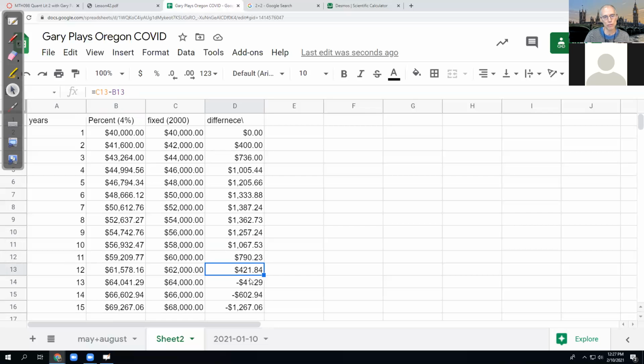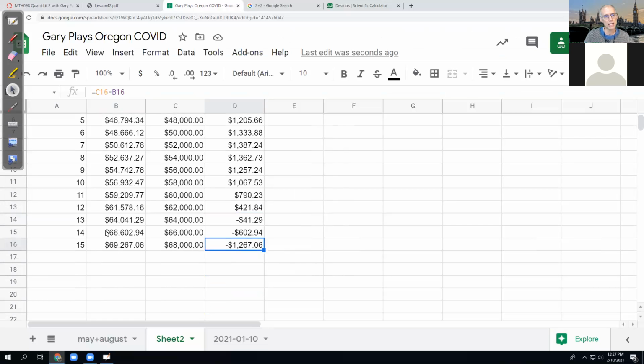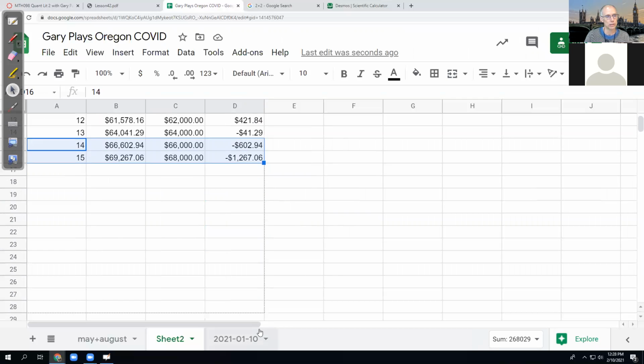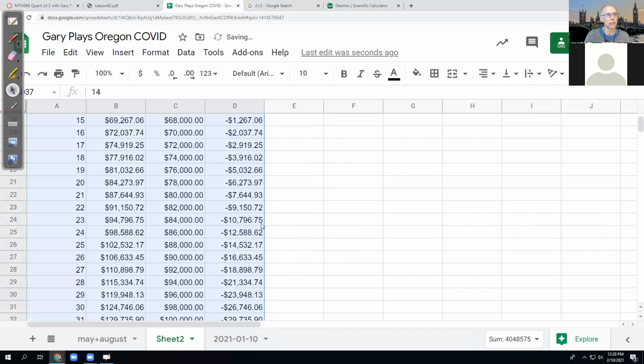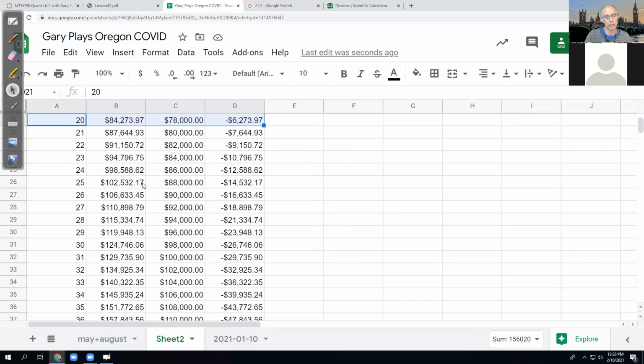And between the 12th and the 13th year, the fixed raise stops being a better deal. And all of a sudden, the percent raise is a better deal. So if he's going to stay at this job for 20, 30 years, 20 years later, the percent raise is a way better deal. 30 years later, it's a way, way better deal.